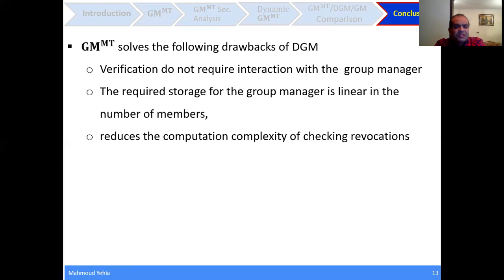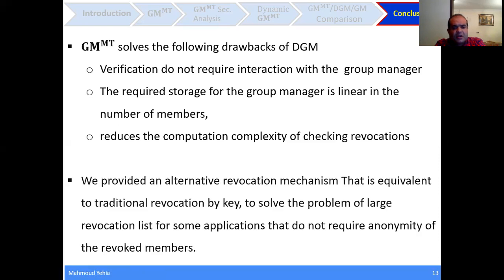Our scheme reduces the computational complexity of checking revocation. Also, we provided an alternative revocation mechanism that is equivalent to the traditional revocation by key to solve the problem of large revocation lists for some applications that don't require anonymity of the revoked members.